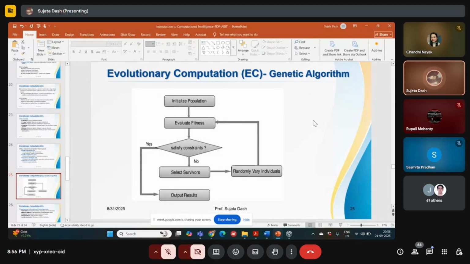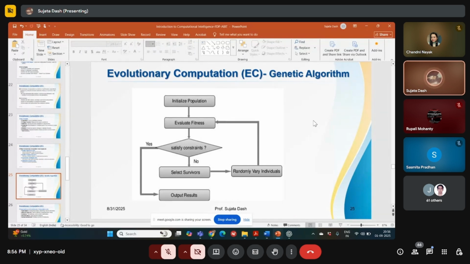The crossover is nothing but the recombination technique. It combines parts of two parent solutions to create a new offspring. Similarly, we can use a mutation operator, which randomly alters part of a solution to maintain diversity. This ensures the search explores new areas of the solution space.